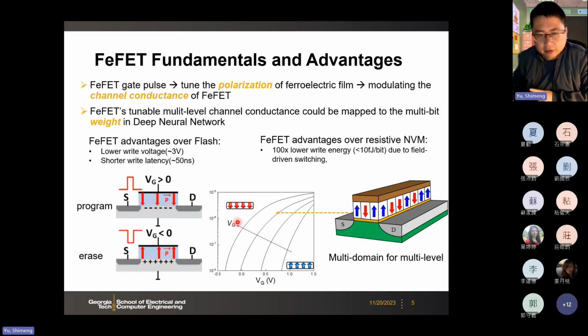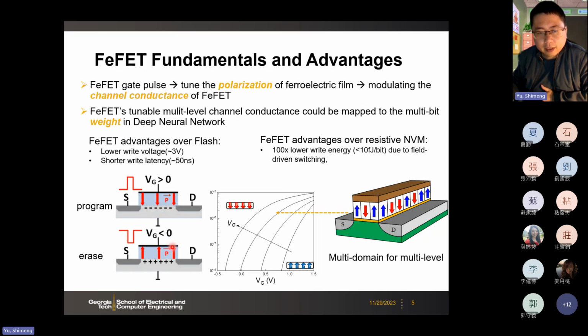But here I want to emphasize one difference between the FeFET and the flash: the switching direction is different. For ferro, the switching will be this counterclockwise switching. That means when you apply a positive gate voltage, you are going to decrease the threshold voltage.